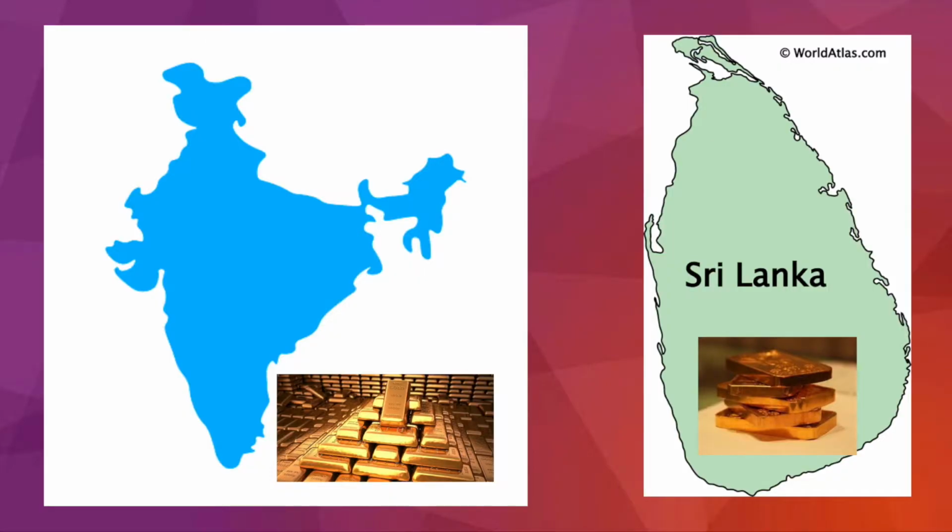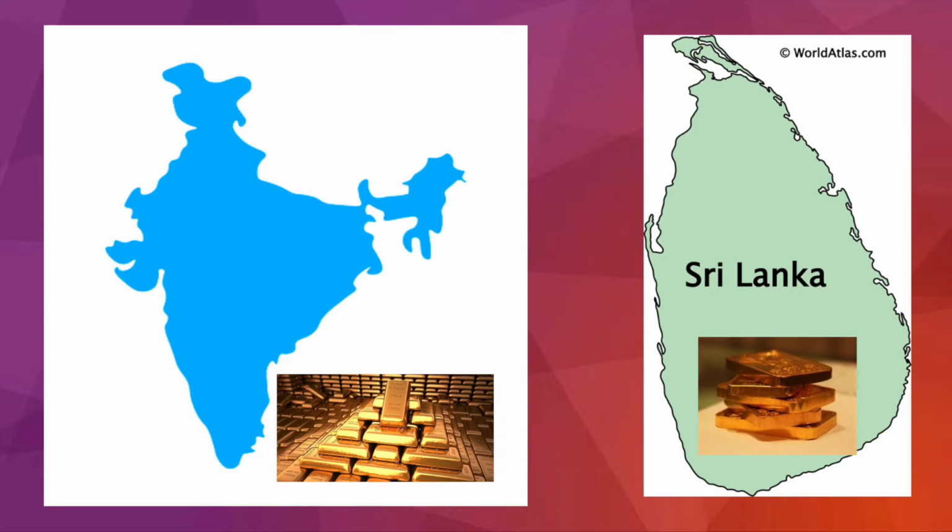Now, here's just a quick example. As you see on your screen, there are two countries displayed here, right? There's our country and there's Sri Lanka, and you can see the amount of gold holdings that each of these countries has. As you see in the picture, India has more gold holdings than Sri Lanka.